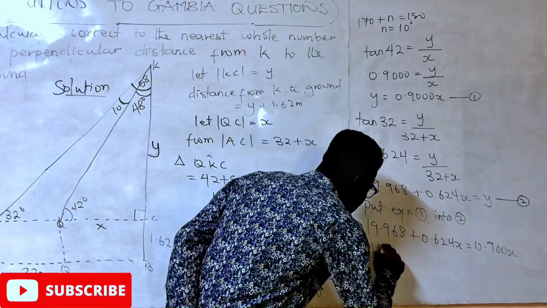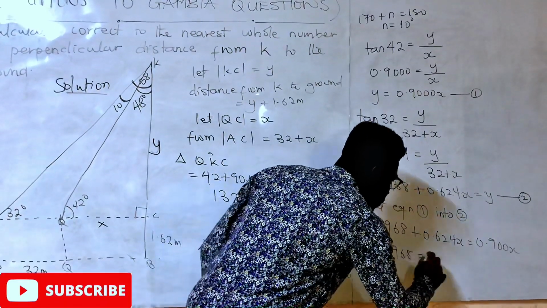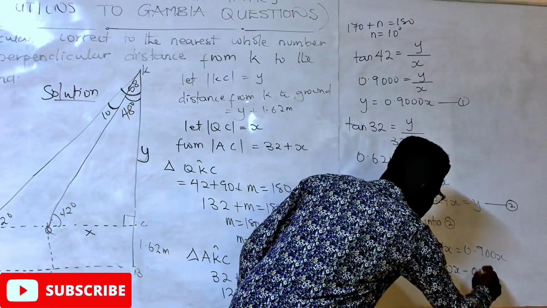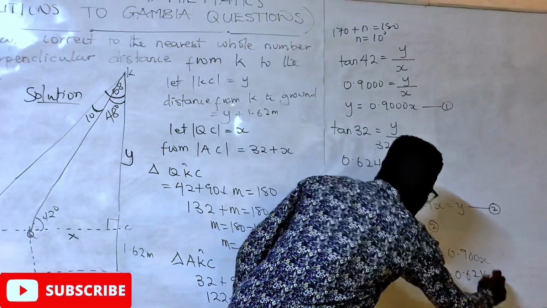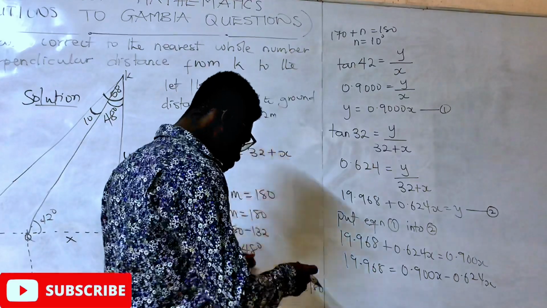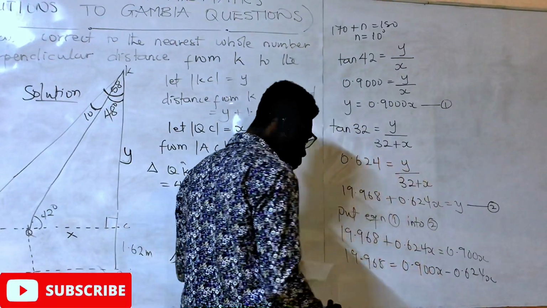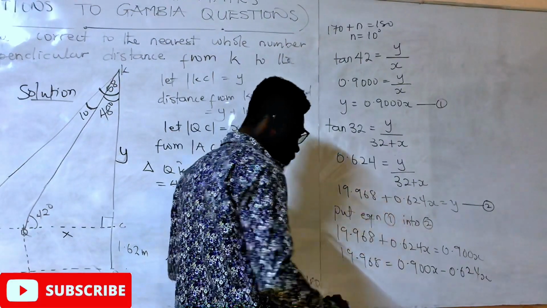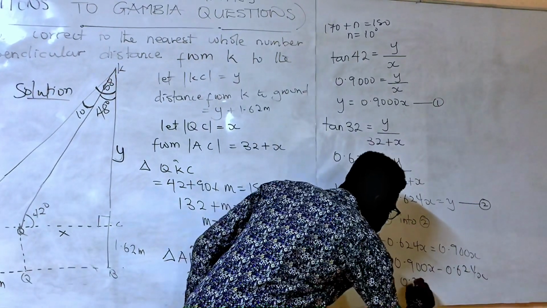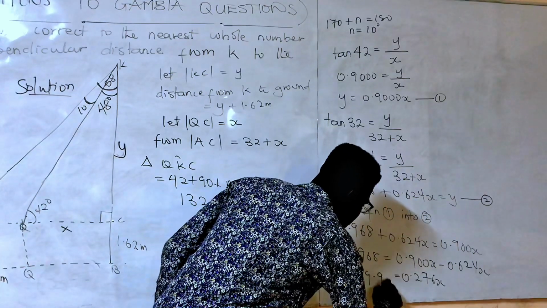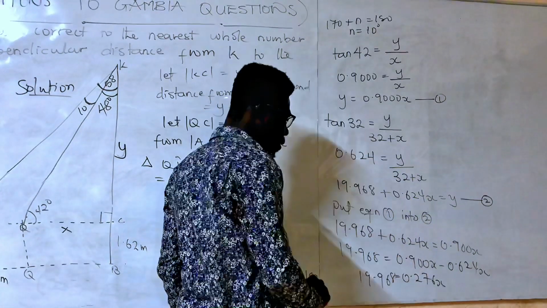So 19.968 is equal to 0.900x minus 0.624x. If you perform that subtraction, you are going to get 0.276x is equal to 19.968.